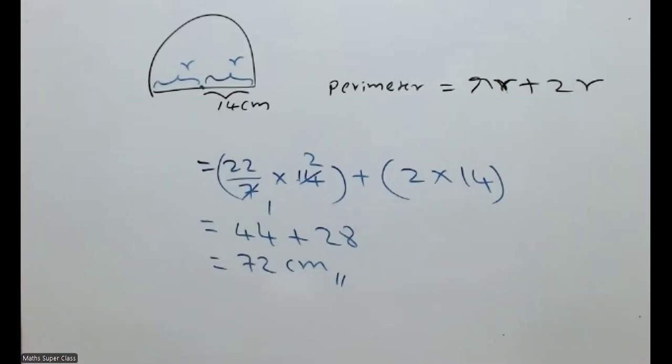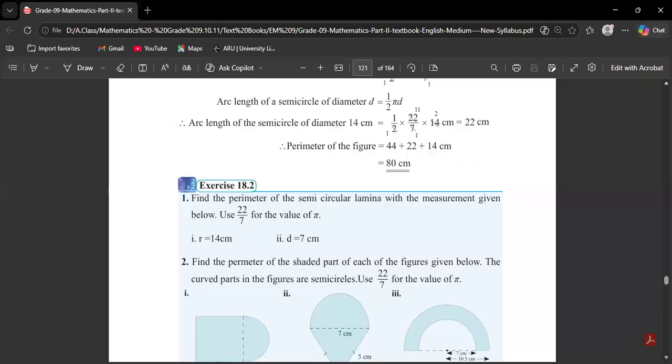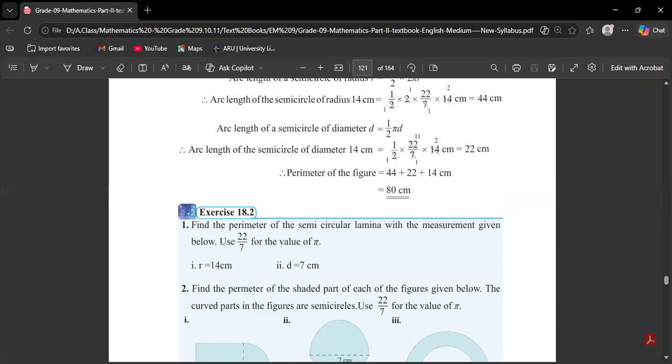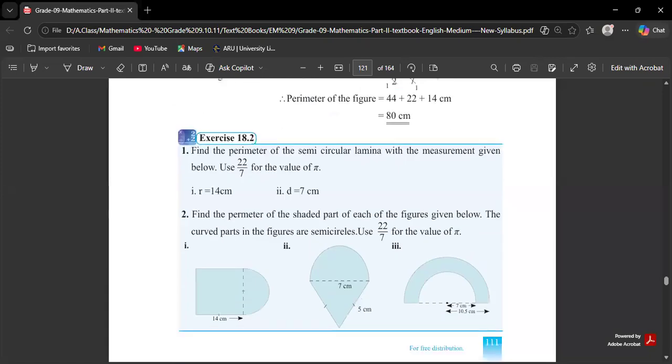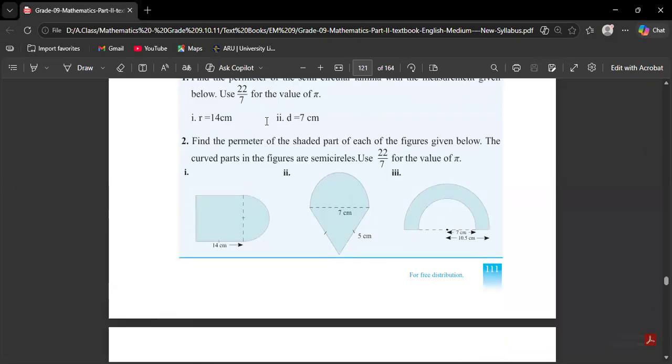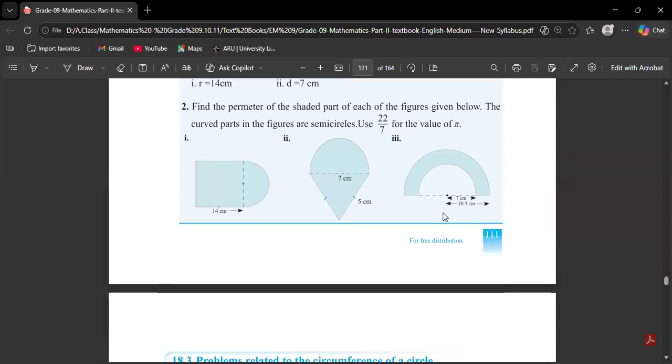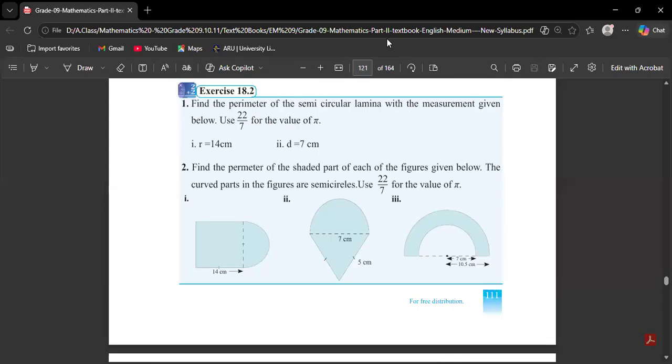Okay. So we have to practice. Today we covered all the theoretical parts of this lesson. Now we have to practice. We already practiced the perimeter of a semicircular lamina with 7 and 14. So you have to try these things. This Sunday, I'm going to discuss them. This is the homework.